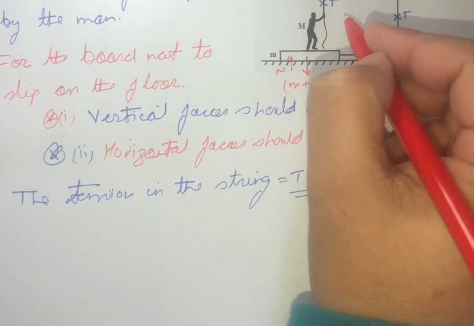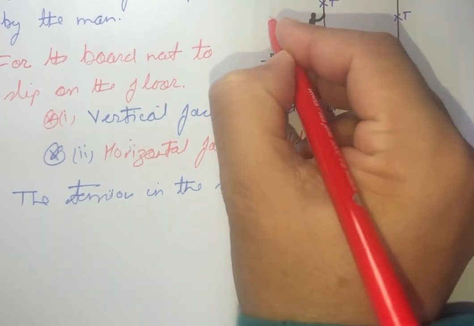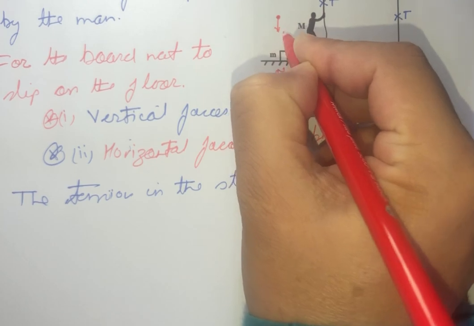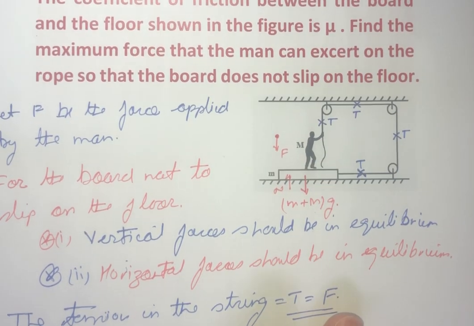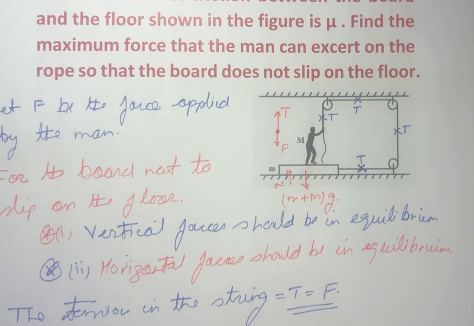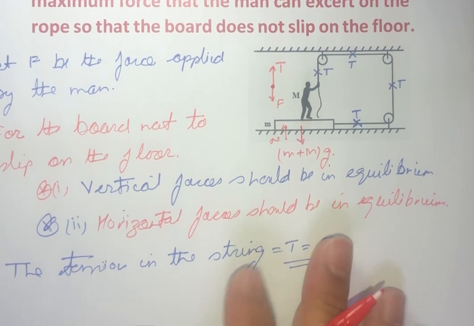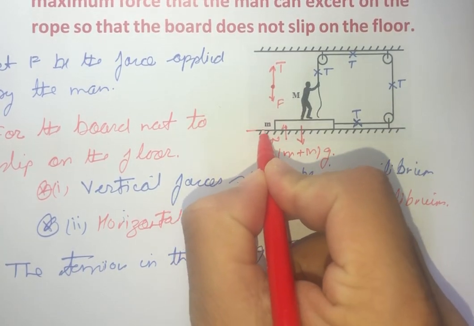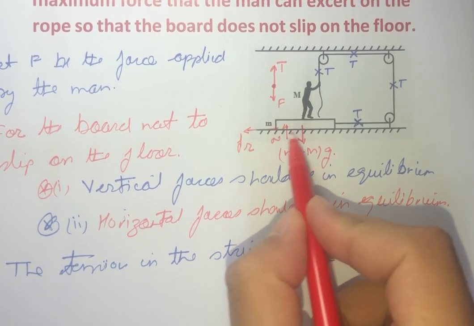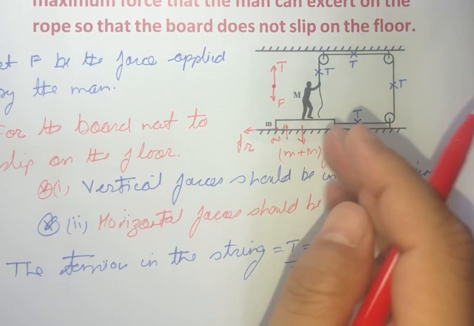Force is applied at this point in the downward direction, and there will be tension T in the upward direction, and both will be equal. And another will be the force of friction, let us denote it as Fr, which will prevent the entire board from moving towards the right side.